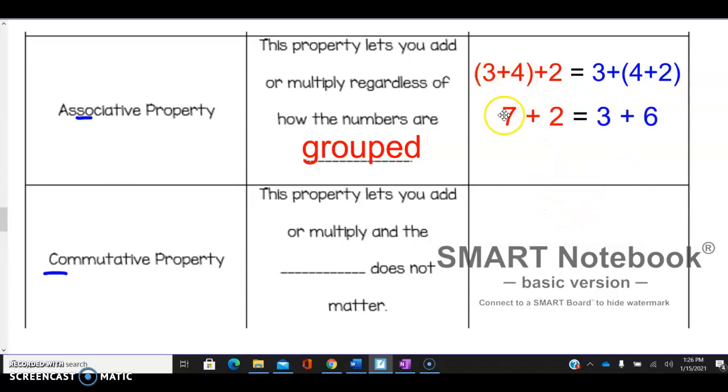So 3 plus 4 is 7, I still have to add that 2, or 4 plus 2 is 6, I still have to add that 3. Either way, both of these are coming out to 9. So again, this is only if all of our problem is adding or all of it is multiplying. A trick I use to remember associative property: the "so" has the same order. The order of my numbers didn't change, just the grouping or the parentheses moved.